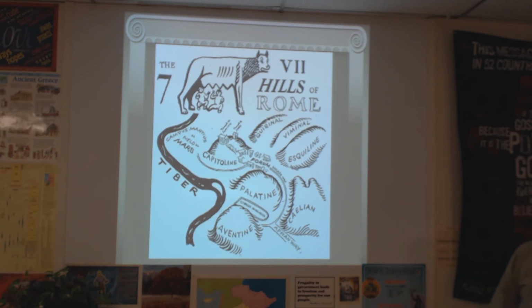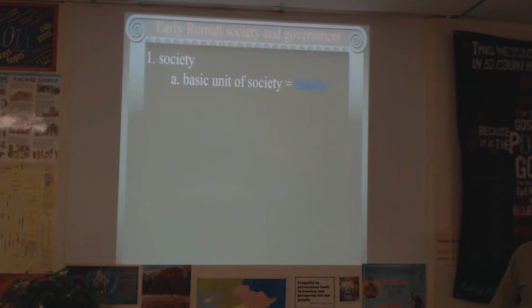All right, let's talk about the early Roman society and government. First of all, in society. The basic unit of society for Rome was the family. And the father, or the pater, was the sole authority of the family. The father alone had any rights before the law in the early republic.